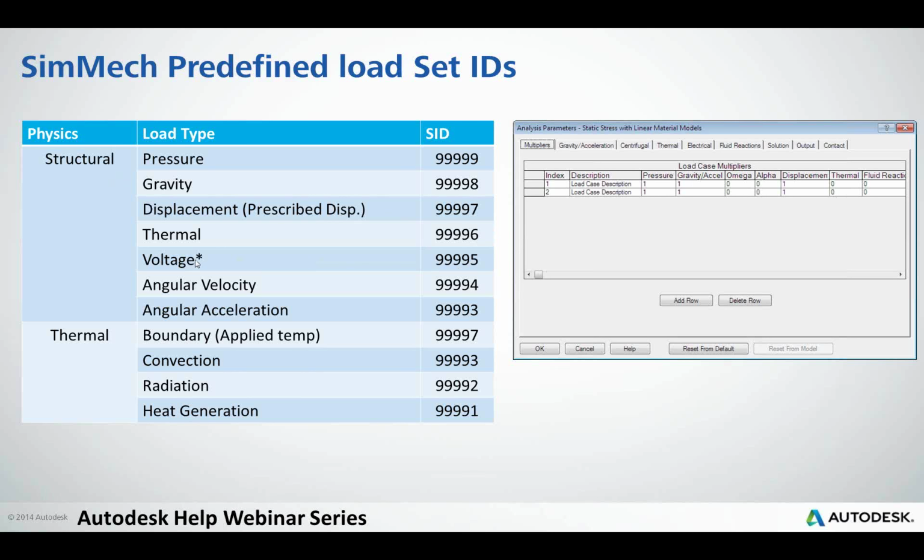Voltage multipliers, and this is an asterisk because Nastran doesn't have electrostatics. This is just a placeholder. If or when we have Nastran solving electrostatics, we can export those as well. Same thing with our angular velocity and angular acceleration for omega and alpha, and similar items for thermal loads as well. So now that we've established these numbers, let's take a look at where they show up in the Nastran deck and how we can edit them.